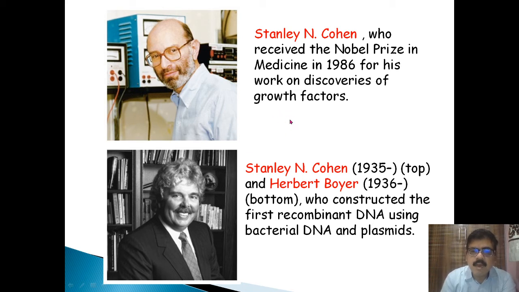Cohen received the Nobel Prize in Medicine in 1986 for his work on discoveries of growth factors. Stanley Cohen and Herbert Boyer constructed the first recombinant DNA using bacterial DNA and plasmids.